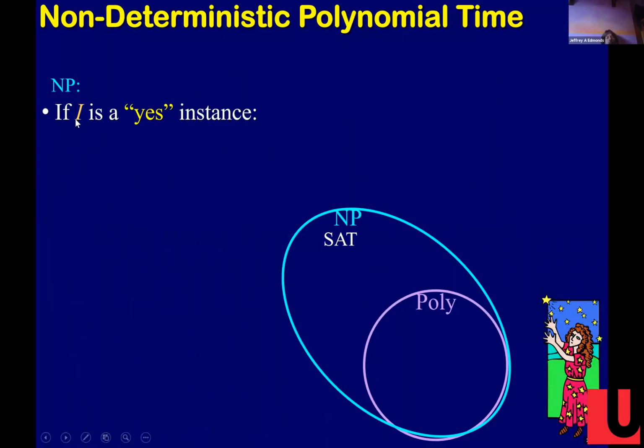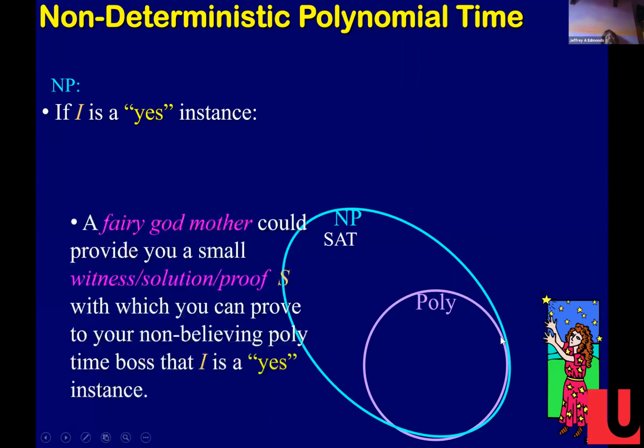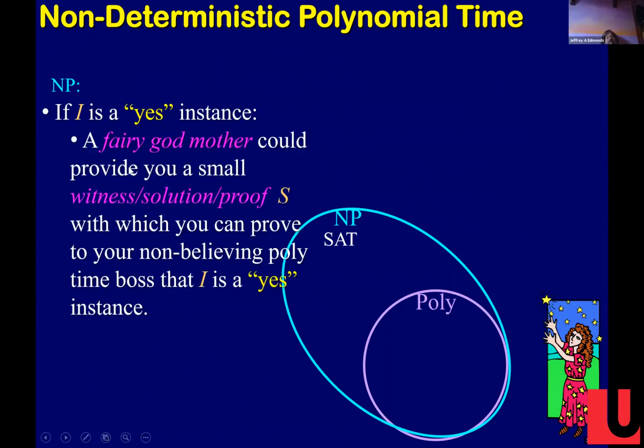So the way I think about it is, given a yes instance, suppose your boss gives you a circuit and wants to know whether it's satisfiable. So you take your input home to your fairy godmother, and if it's a yes instance, she can provide you a small solution, a witness, a proof, S, that will prove that yes, I is a yes instance.